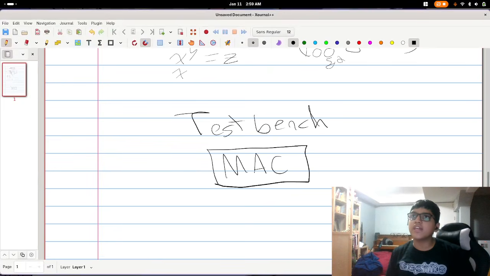In the test bench, we have a clock signal which oscillates between 0 and 1, like that. And now this is fed into this multiply accumulate unit.